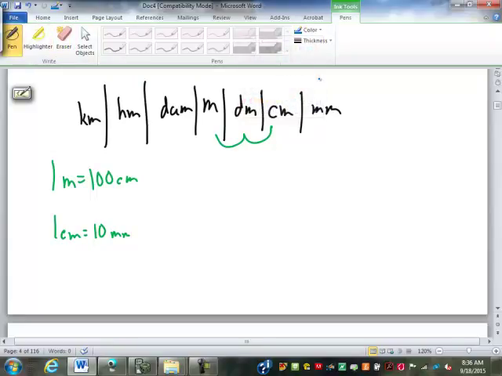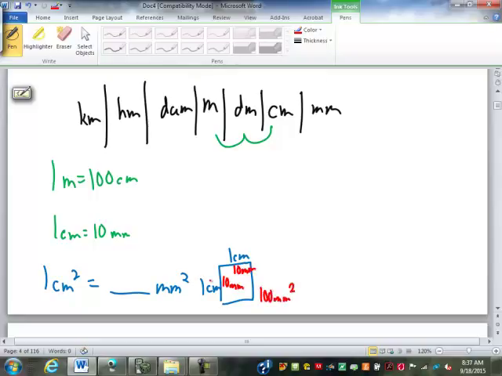Well, what if it were 1 square centimeter? 1 centimeter squared. How many square millimeters would that be? Well, 1 square centimeter is 1 centimeter by 1 centimeter, which is going to be 10 millimeters by 10 millimeters, or 100 millimeters squared.